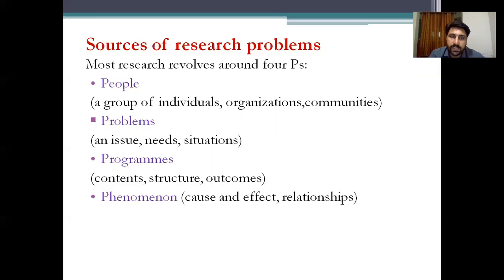And programs can be content, structure, outcomes, campaigns, awareness sessions, awareness workshops. And phenomena actually is the cause and effect, or it shows the relationships, and it can be anything. We'll talk about all those things in detail.